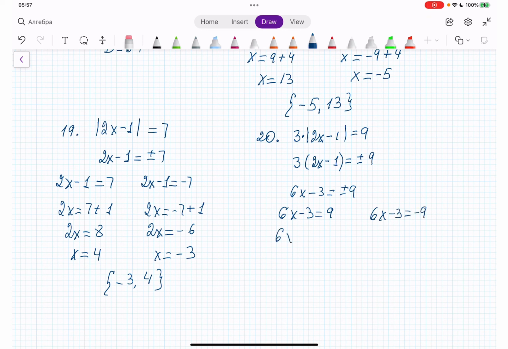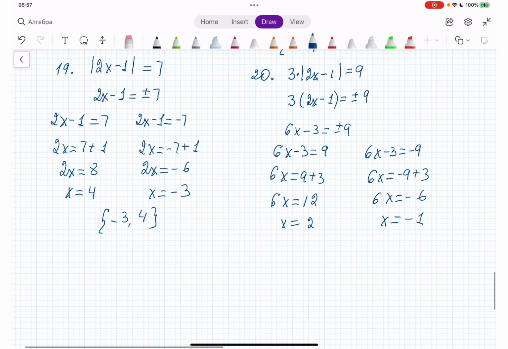All right, 6x is equal to 9 plus 3, right? Once we move it to this side, it's going to be positive. And 6x is equal to negative 9 plus 3. 6x is equal to 12, and x is equal to 2. 6x is equal to negative 6, and x is equal to negative 1. So the answers we have are negative 1 and 2.